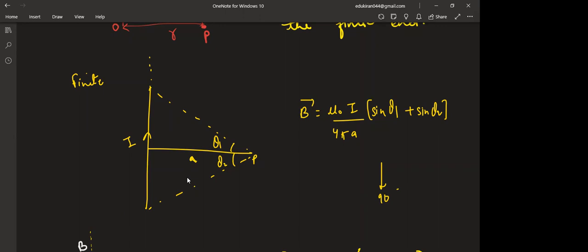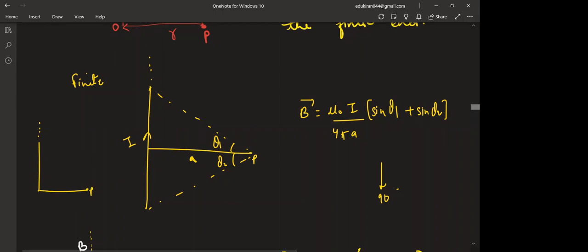If it is semi-infinite, only this angle subtended at this point will be 90 degrees. Whereas the second angle, theta 2, which was to be subtended from the other edge, now since the point is lying towards the end only, becomes 0 degrees. So theta 1 will be 90 degrees for semi-infinite and theta 2 will become 0 degrees.